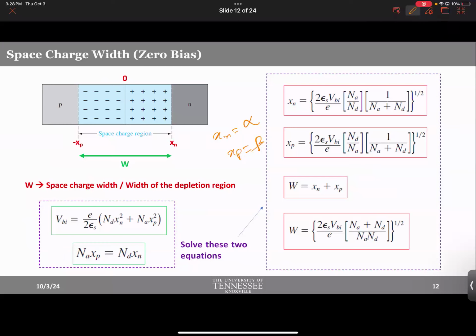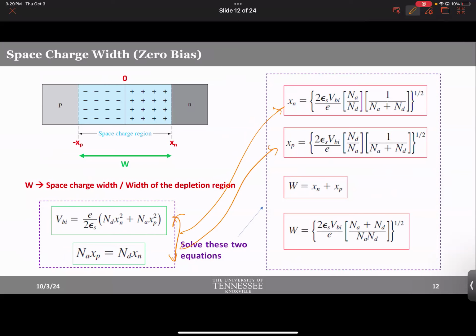You have two variables and two equations. Can you not solve for alpha and beta? You can. Just get alpha from this equation, replace it in the first equation and calculate beta. And there you go. You need two equations to solve two variables. So apparently we can solve for xn and xp by doing some simple math.